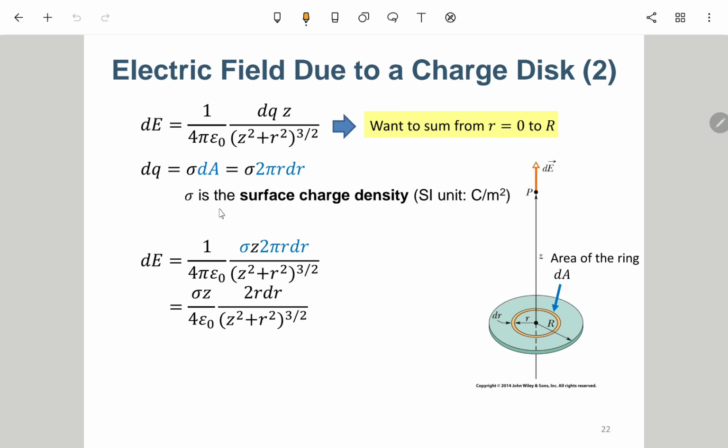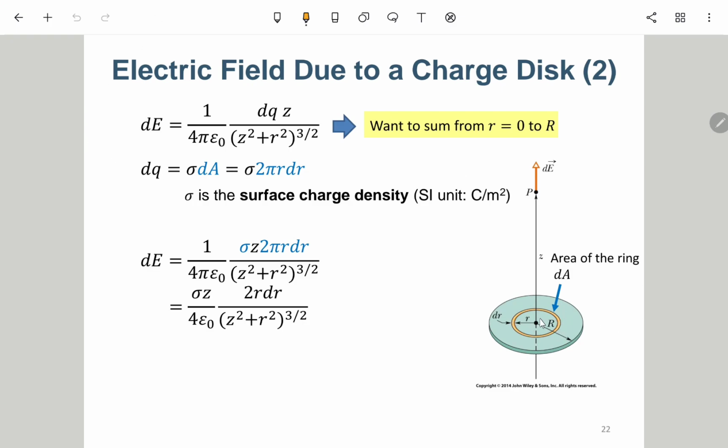So this sigma is the surface charge density, and the corresponding SI unit will be C over meter square, instead of C over m. So here we have sigma times the small area, which will be the charge on this area. We consider this yellow ring has a small area dA. And how to calculate the area of this ring?